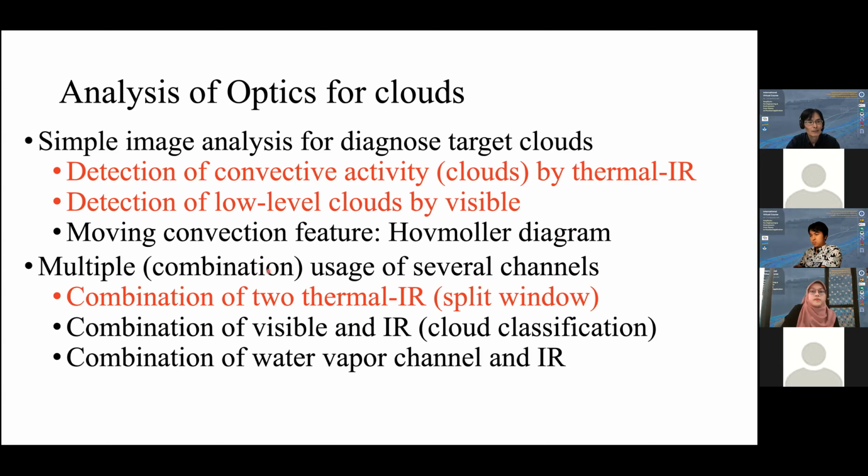One thing is a combination of 2 thermal infrared bands. This is the split window technique I'll mention later, and combinations of the visible and thermal infrared for the classification of cloud type. And the third one, not the popular one, is the combination of the water vapor channel and the thermal infrared. Okay, I'm talking about these things step by step.